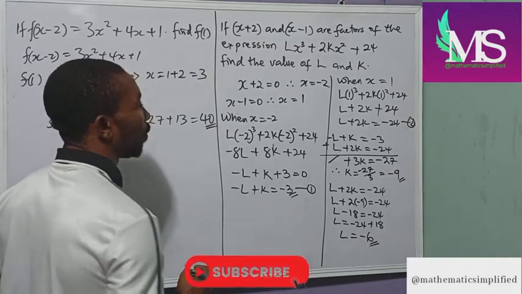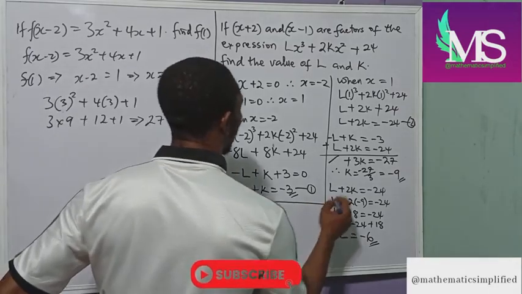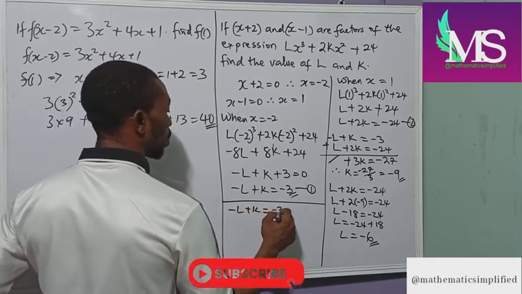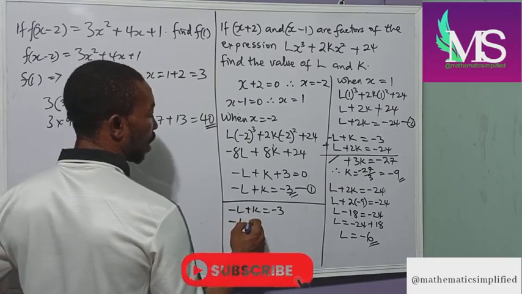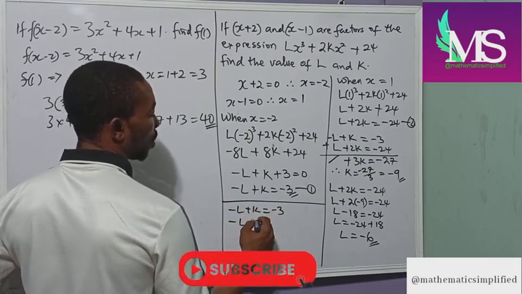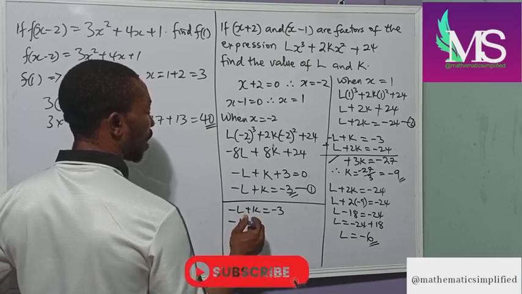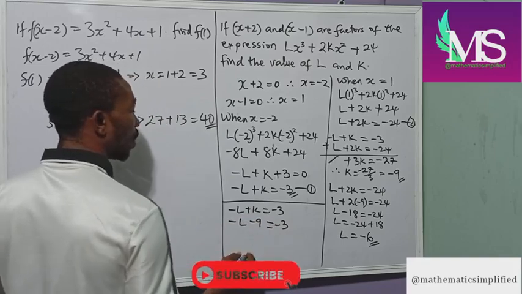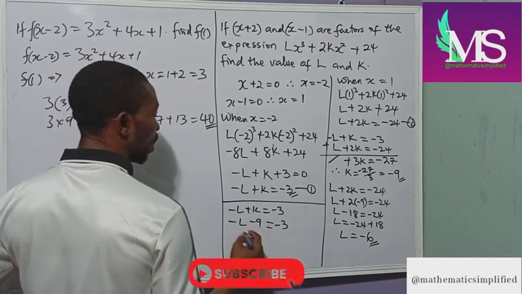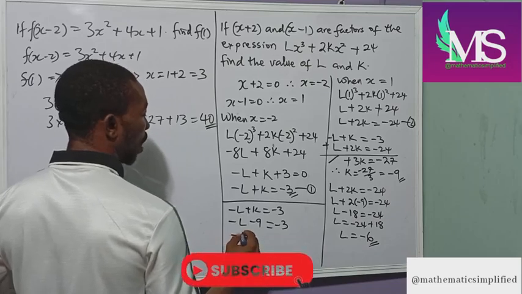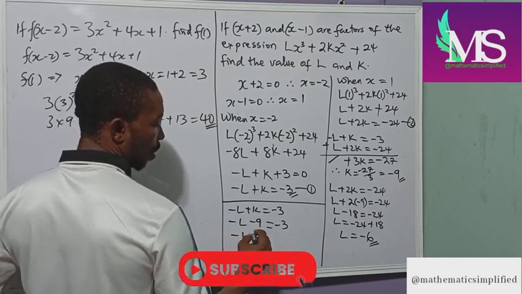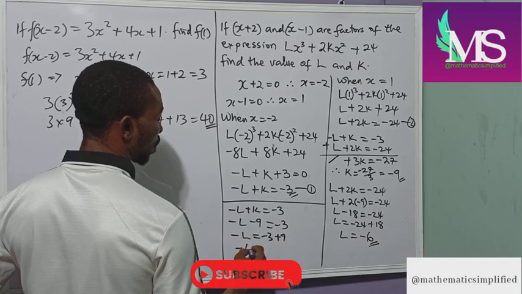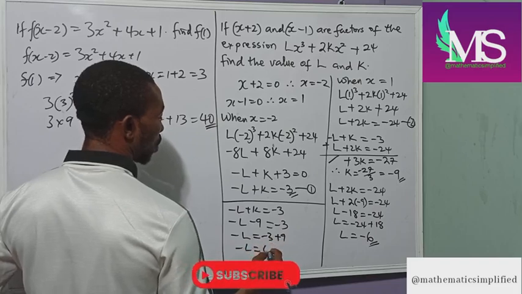Now, bear in mind, if you also substitute into equation 1, where we have minus L plus k equals minus 3, this becomes minus L minus 9 equals minus 3. When this crosses over, it becomes minus L equals minus 3 plus 9, which gives us minus L equals 6.